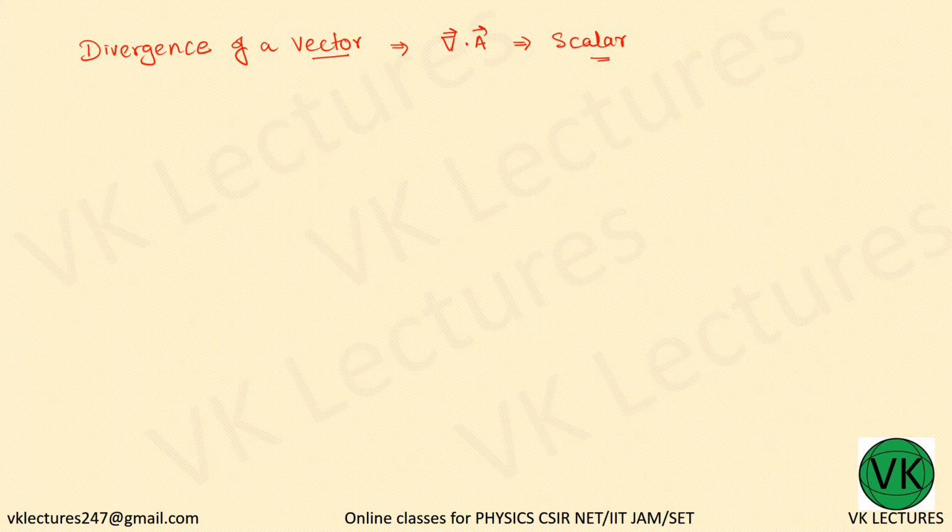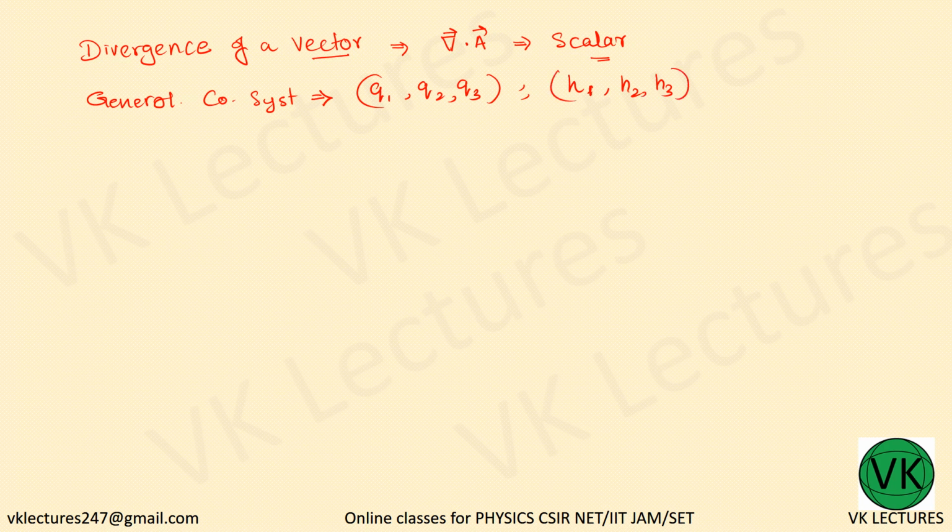Now for a general coordinate system, we have the q1, q2, q3 as the unit vectors, and the metric elements are h1, h2 and h3. Now how can you write the divergence for a general coordinate system?